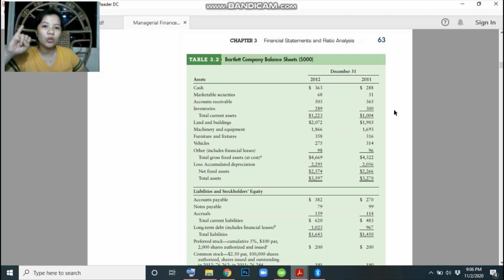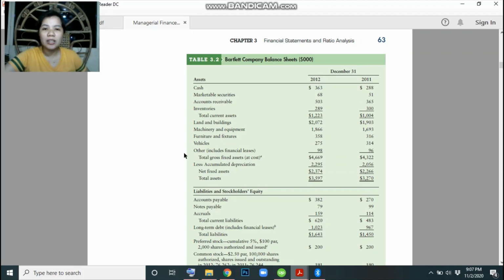So ang cash na gyud na siya. Marketable securities, these are bonds or treasury bills nga pwede siya ma-convert to cash within 1 year. Accounts receivable, these are sales sa company nga wala gibayaran og cash but masingil ra siya within 1 year. Inventories, these are the stocks sa company nga wala nahalin but is expected to be sold within 1 year. So, ma-convert ra gyapon siya to cash within 1 year. Okay, so mao na siya ang current assets.